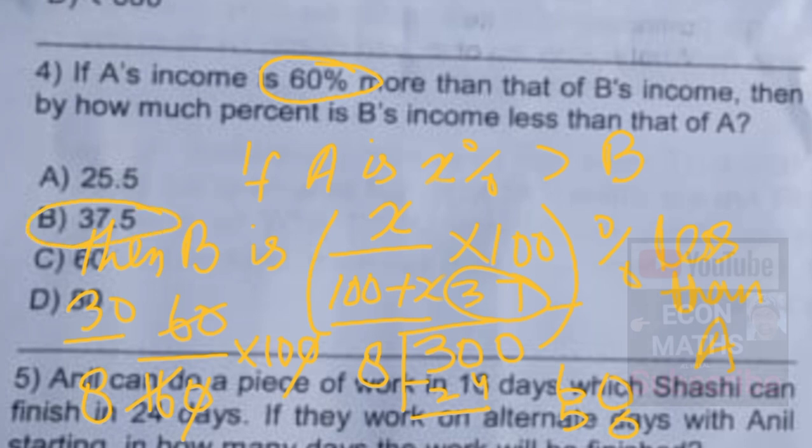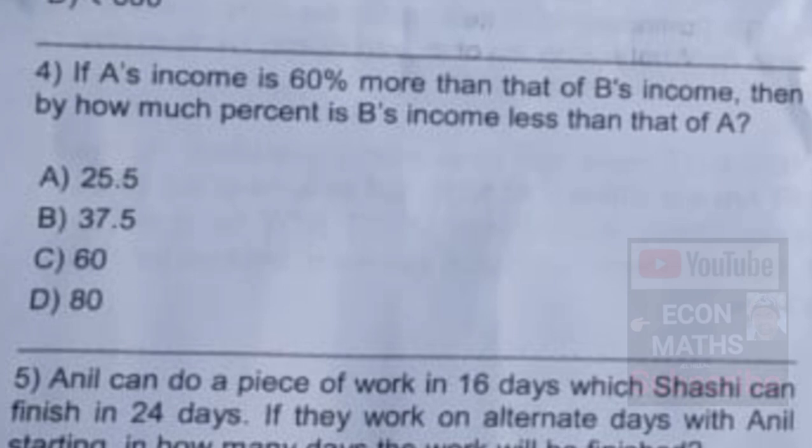I repeat here, if A's income is X% greater than B's income, then B's income would be less than A's income by how much percent? That is X divided by 100 plus X, into 100.